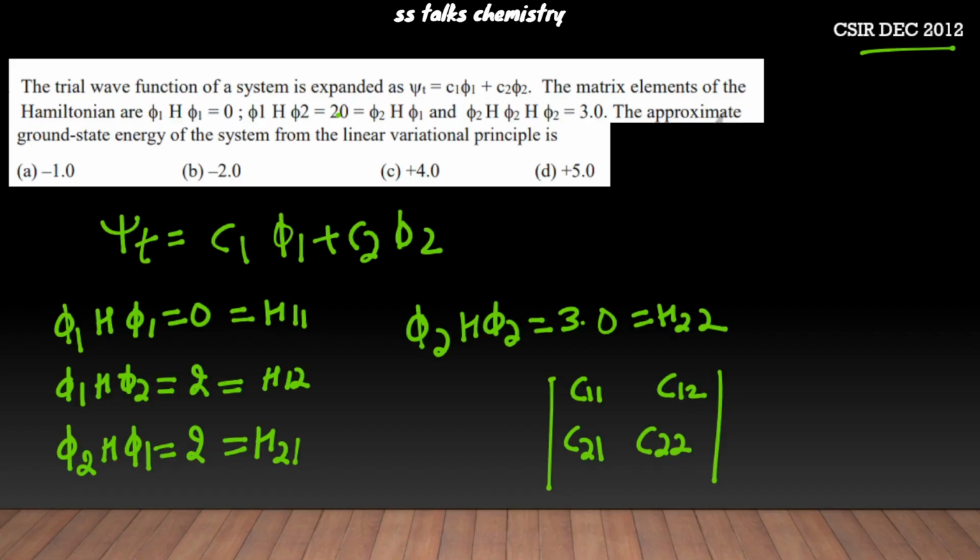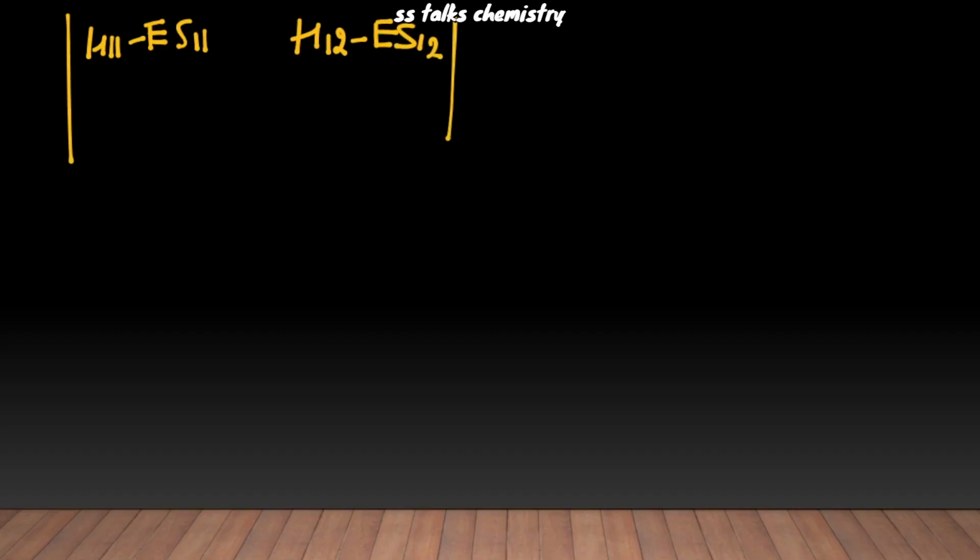So this will be equal to H11 minus... or let's go on the next slide only, and the values will become H11 minus ES11, H12 minus ES12, and here it will be H21 minus ES21, H22 minus ES22. This value is equal to 0.